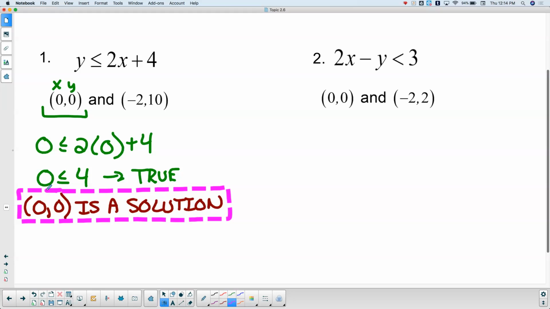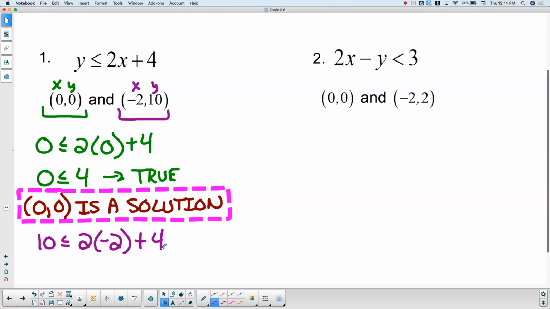Then you go to the next point. Now we're going to say, this is my new x, this is my new y, and I'm going to look at that particular point. So I'm going to say that 10 is less than or equal to 2 times negative 2 plus 4. 2 times negative 2 is negative 4.